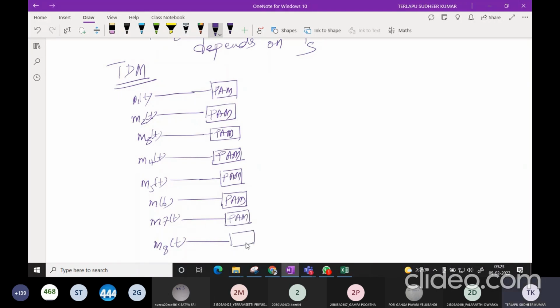So 8 signals M of t, we pass it through a PAM modulator. Now I got 8 PAM signals. So these 8 PAM signals can be multiplexed, something like this.